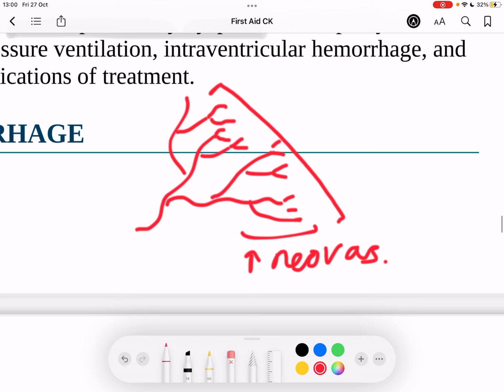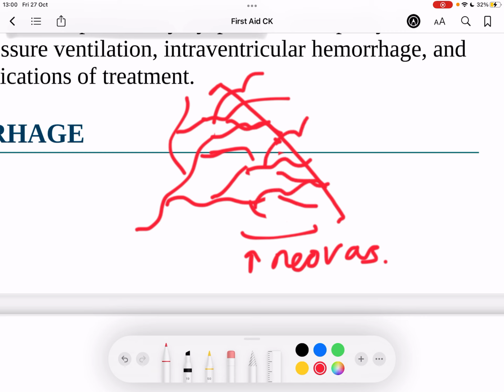When we have NRDS, the baby is born and this causes a very, very sudden drop in O2. So the fetus will get very aberrant neovascularization. The vessels will be proliferating very rapidly because of the drop in O2.